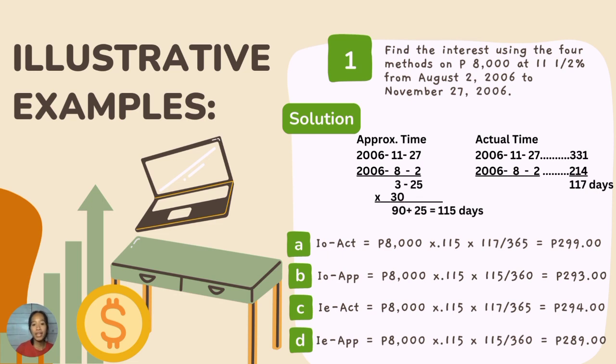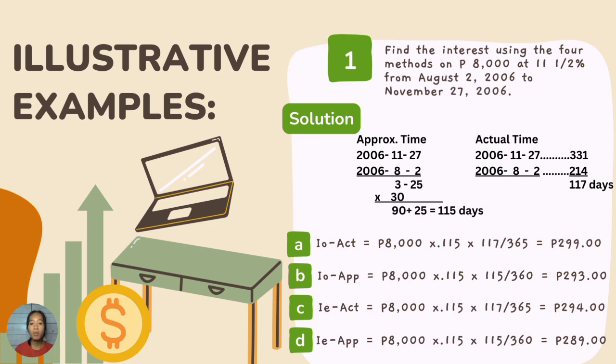So we will multiply 3 by 30 since it is approximate time. 3 times 30 equals 90, and we add the 25. 90 plus 25 equals 115 days. So 115 days will be our approximate time.